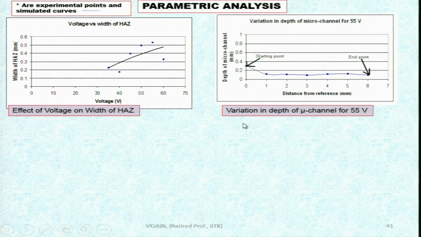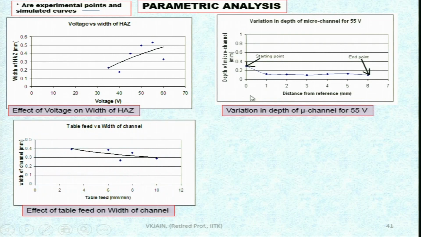Same way here we can see variation in depth of microchannel for 55 volt, and this is the distance from the reference point and this is the depth. Now you can see here this is more or less constant as long as distance from the reference is concerned, except the first starting point where the depth is more.